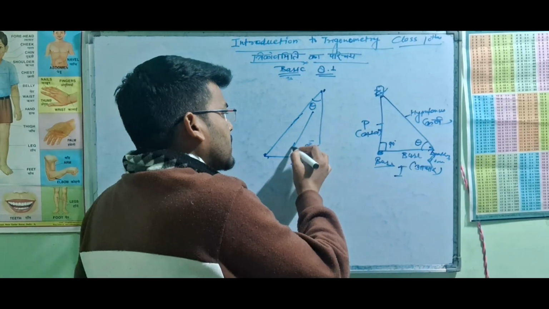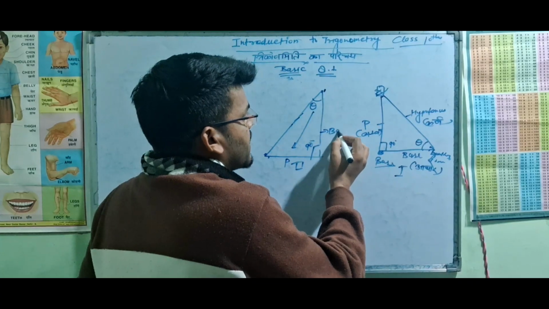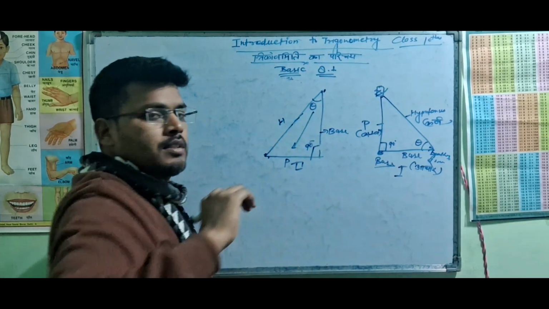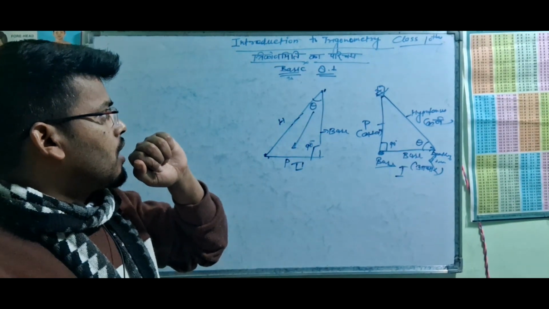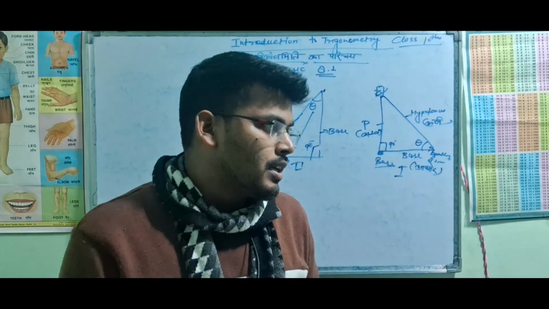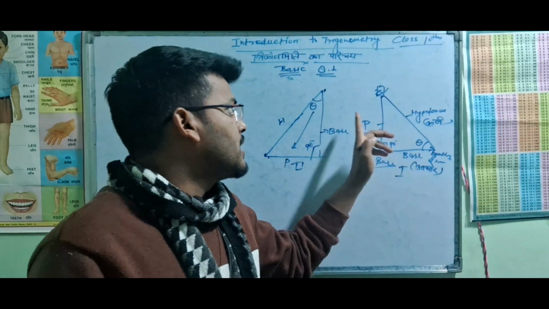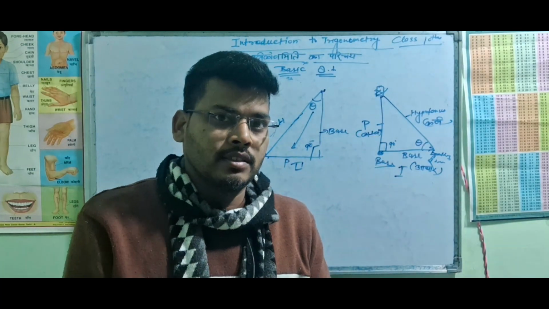Then this one is the perpendicular, and this one is the base and hypotenuse, right? Then what we have found is that if theta is changed, the base and perpendicular also change. Understand?